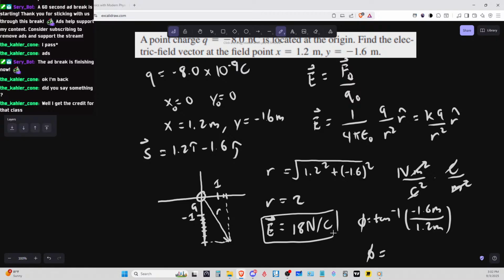So tangent of negative 1.6 over 1.2, that's negative. I always remember when vectors are at 90 degrees, their resultant will be 73 degrees from x, 53 from y.